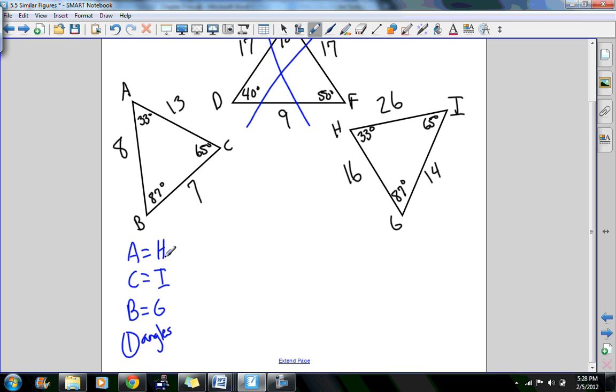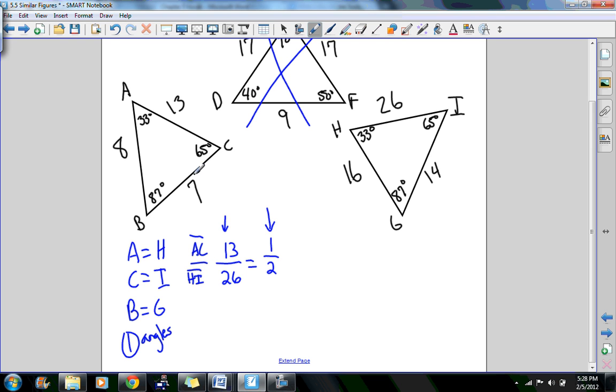Therefore, I can write a ratio of 13 over 26, and I can set that equal, as a fraction, to 1/2. Okay? So I'll write this as AC over HI. I'm hoping that every other side creates that fraction.